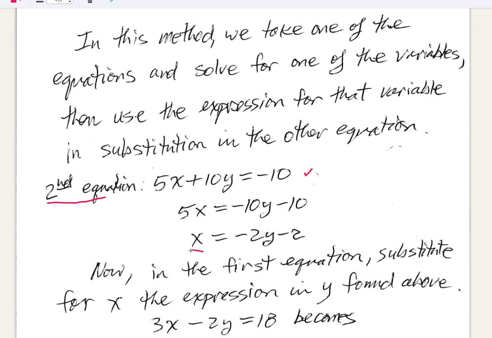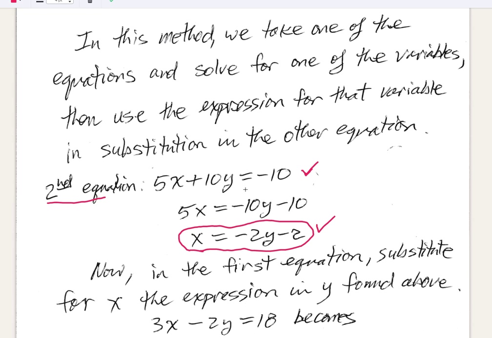So we get what? x is actually equal to negative 2y minus 2. This is the same line as I've got above here. If you were to go on Desmos and graph these two lines, they'd be exactly the same two lines. I've just rewritten the second equation with x isolated or x solved for.